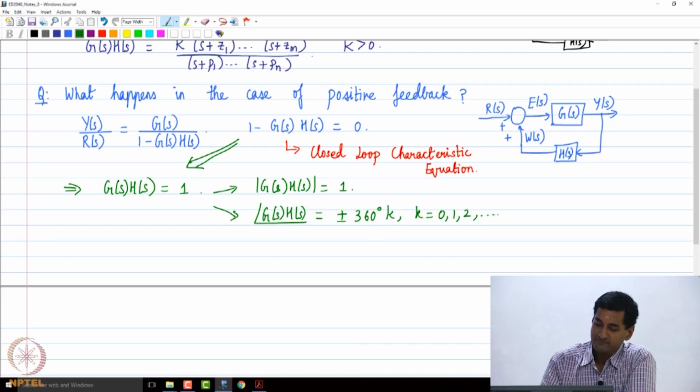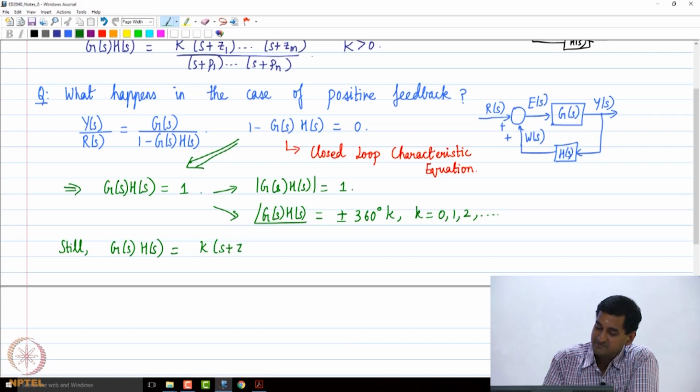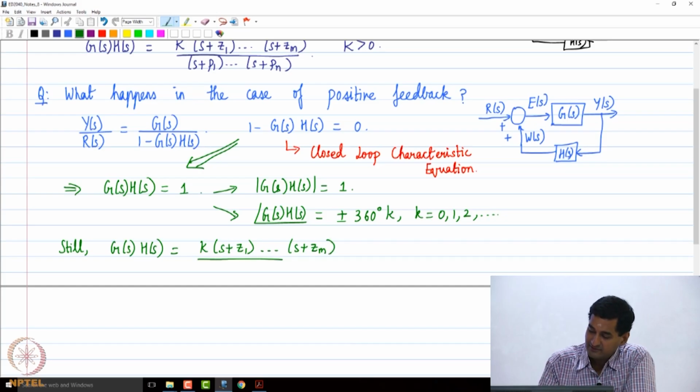We are still considering G of s H of s to be of the form k times s plus z1 all the way till s plus zm divided by s plus p1 all the way till s plus pn, of course k being positive.